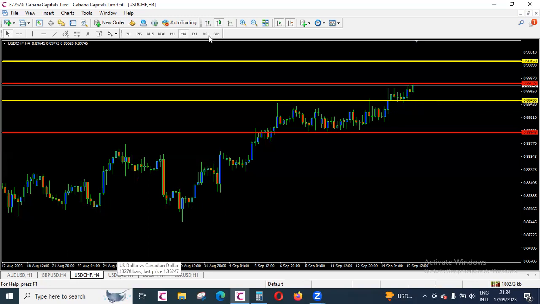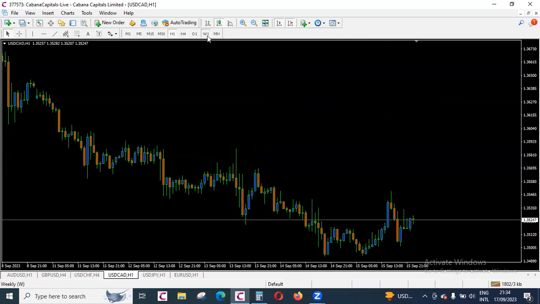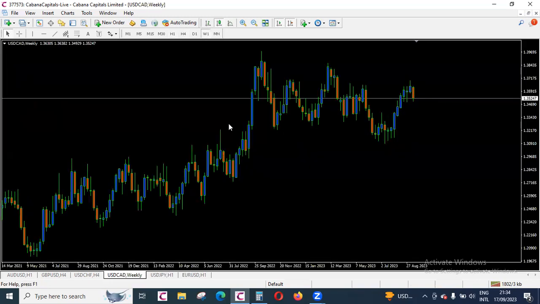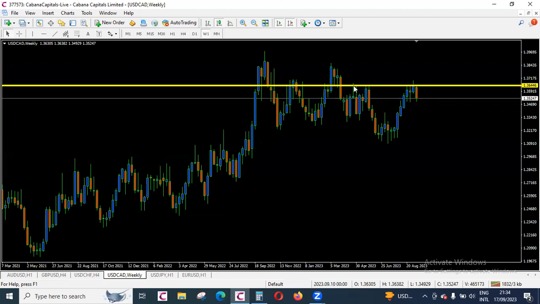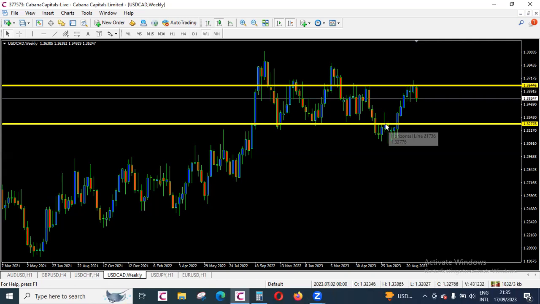USD CAD. Let's start with the weekly. So what we have here on USD CAD is a bearish setup. After the close of last week candle, we had a resistance here. So this is a bearish setup on USD CAD. If the price keeps dropping, this will be their target.